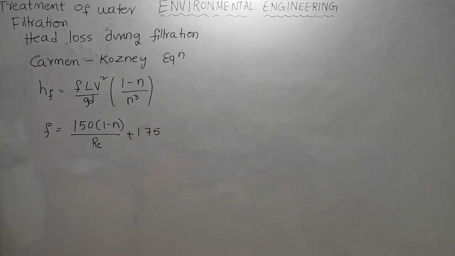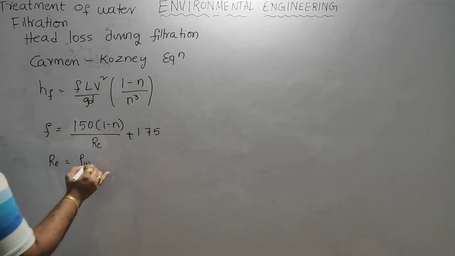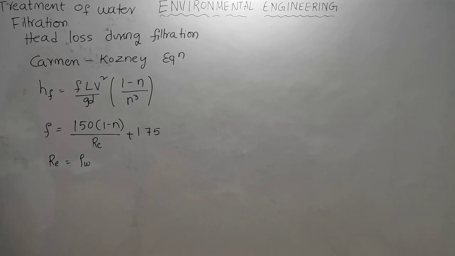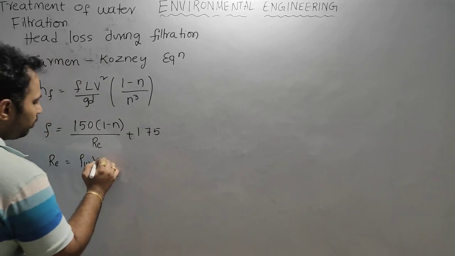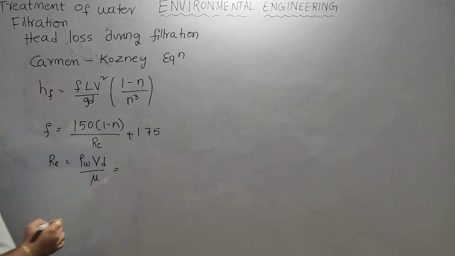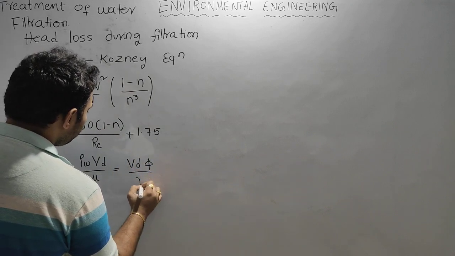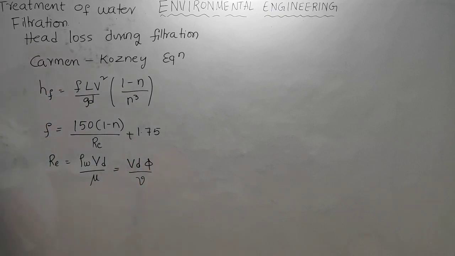And Re is equal to rho V D by mu, that is Vd by mu, or it is equal to Vd phi by nu. So this is the formula.